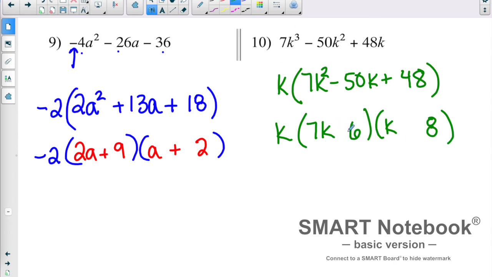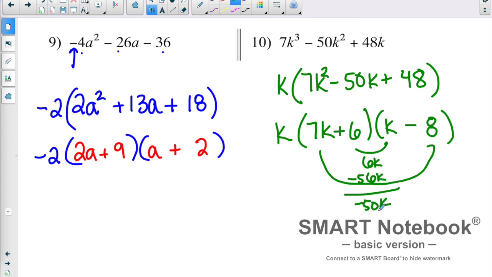Here's why this is common to do. That would be negative 56. So let's say I try that: 6k and negative 56k. That gives me the negative 50. However, 6 and negative 8 is a negative 48. So that's actually not what we want at all.